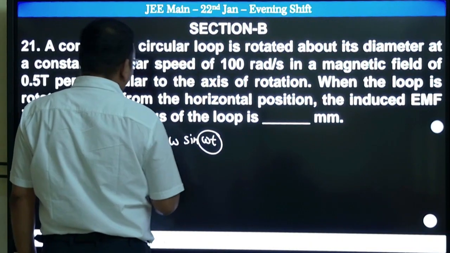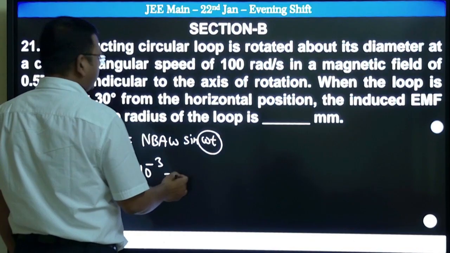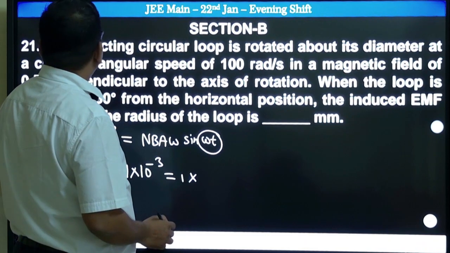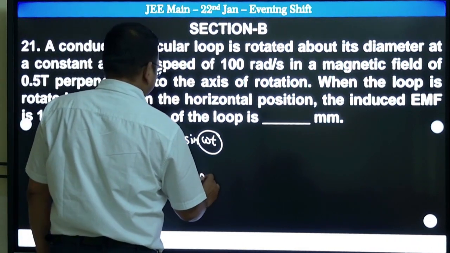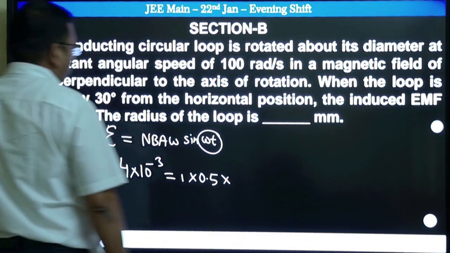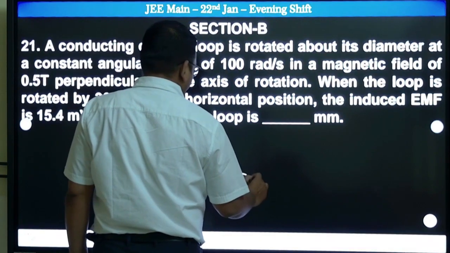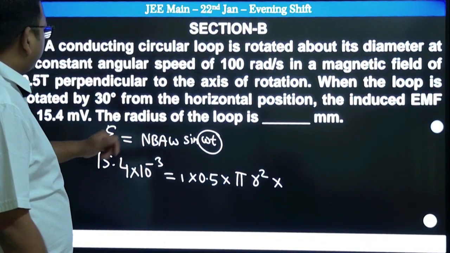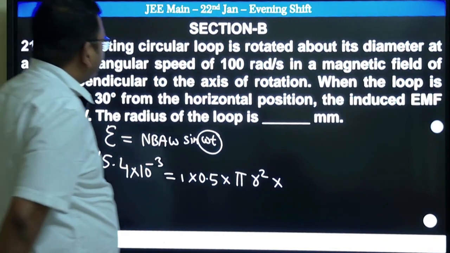Okay, so n, how many loops are there? One only, one. Magnetic field is how much? Magnetic field is 0.5. Area of the loop, area can be written as pi r square. And what about omega? 100.